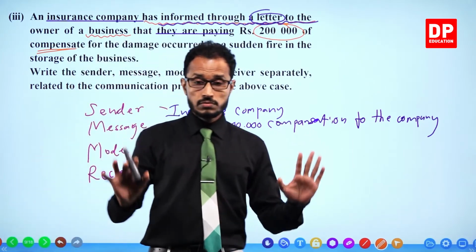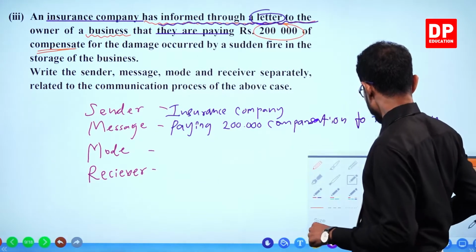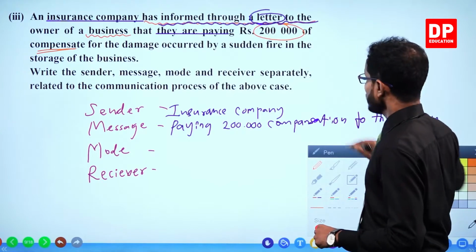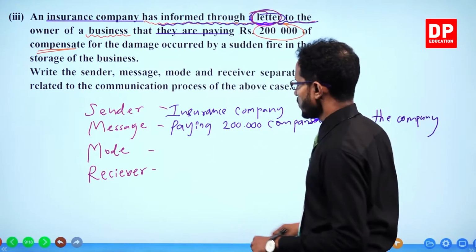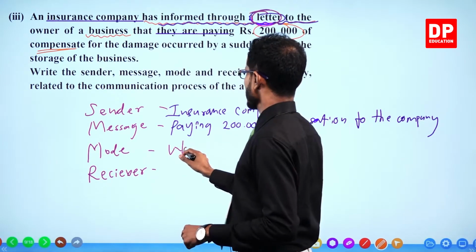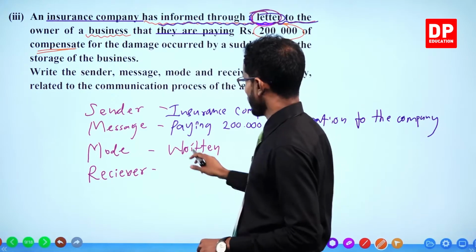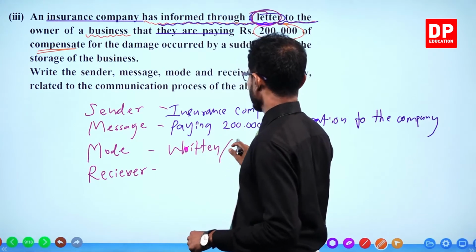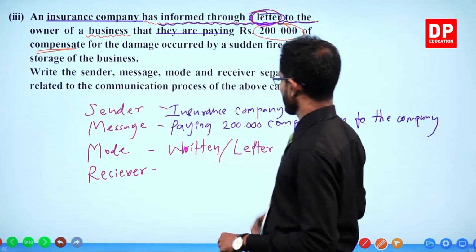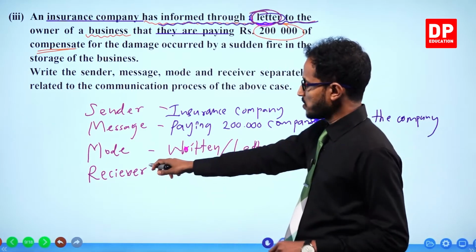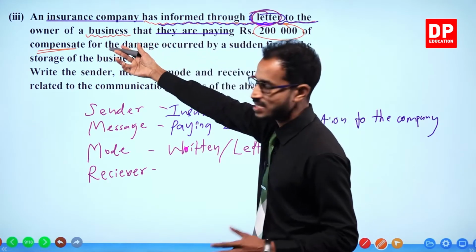Mode. What is the mode? I circled it right here. Mode is the medium used to give the message. Written medium, or you can write letter. Receiver, the person who gets the message.